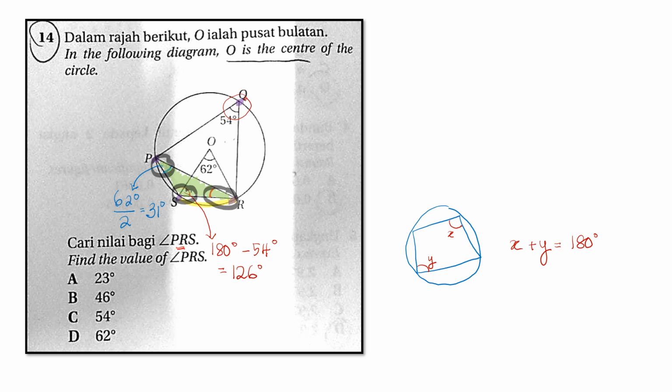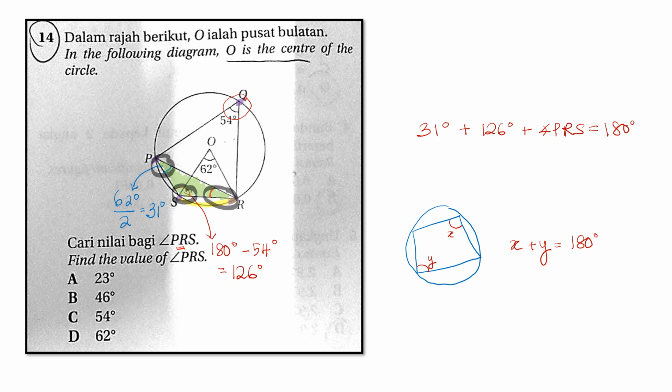So this means that 31 degrees plus 126 degrees plus angle PRS has to be 180 degrees, because all three angles in a triangle sum up to 180. That's the rule of a triangle.